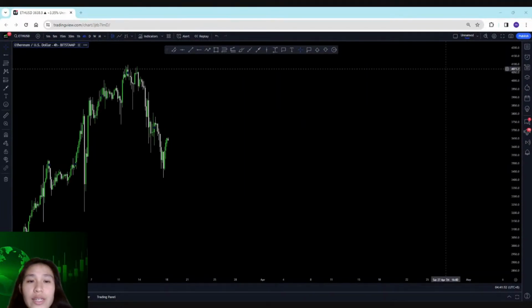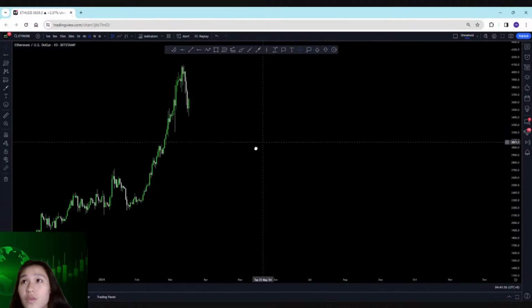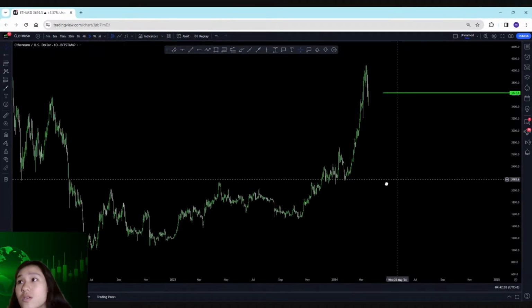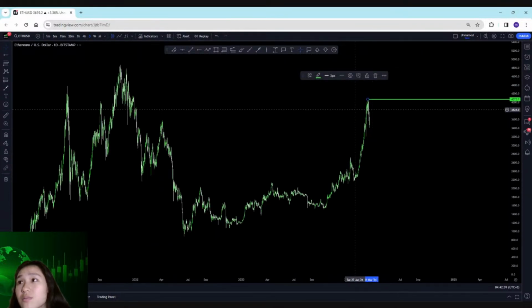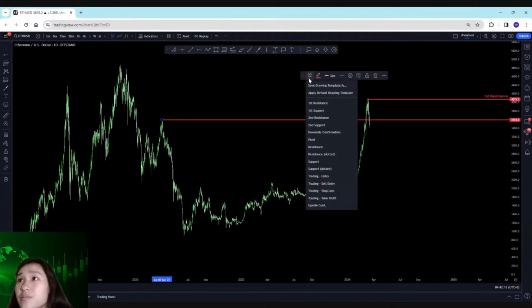On our daily time frame, let's see. I'll place my first resistance here, and my pivot perhaps here.